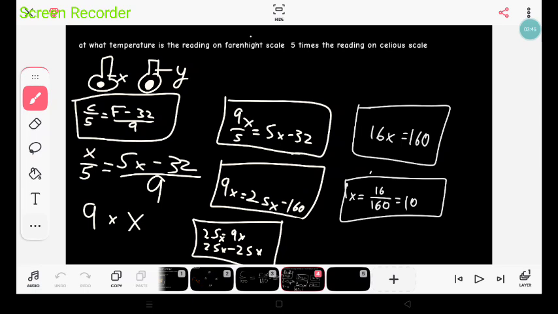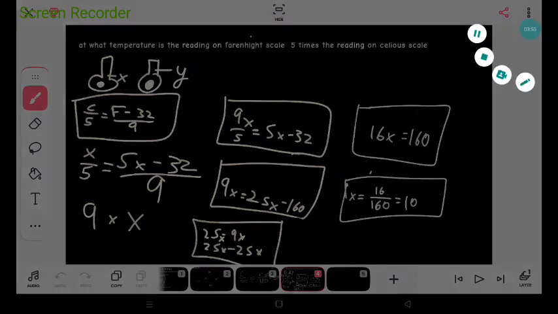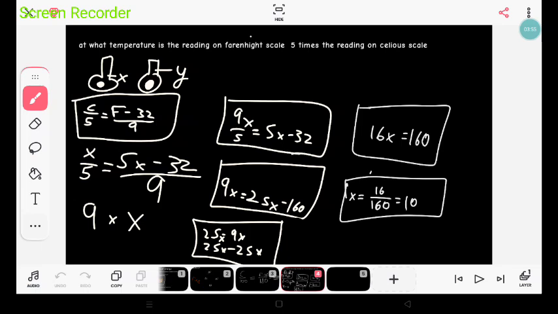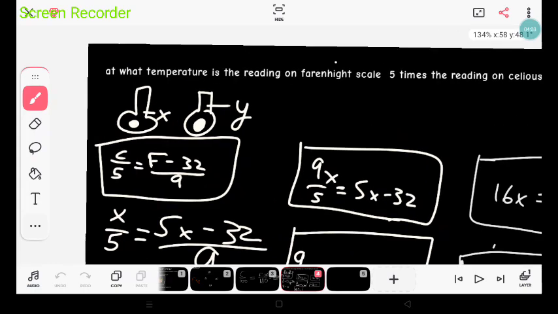Now we need to memorize the hardest part of the chapter. This is the hardest thing to understand in the chapter, but I have understood it, so I will explain it all. They are asking at what temperature the reading on the Fahrenheit scale is 5 times the reading on the Celsius scale.